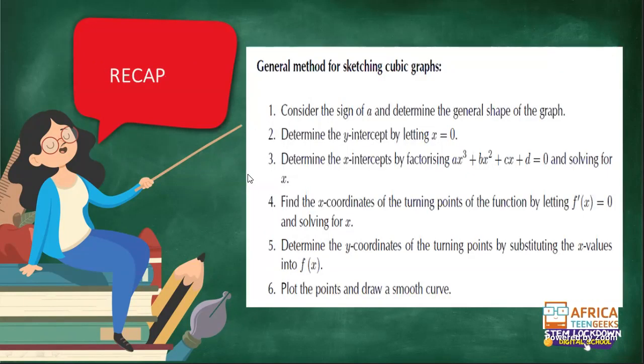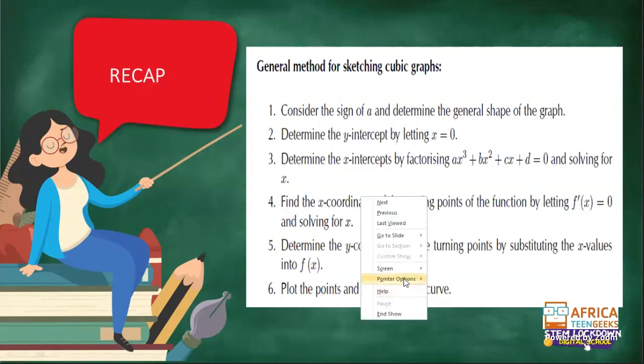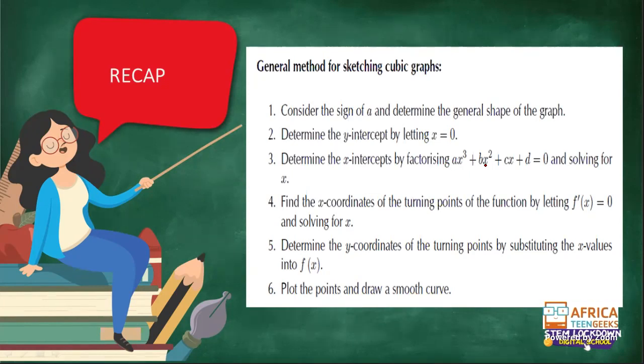So what we've been doing basically in the past few weeks is to sketch cubic graphs. Okay, so we've been trying to draw cubic graphs, and how we did that was to consider the sign of a. So this is our general form of our cubic function, okay?